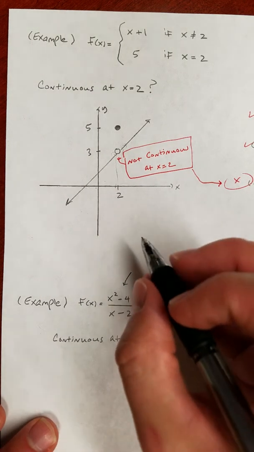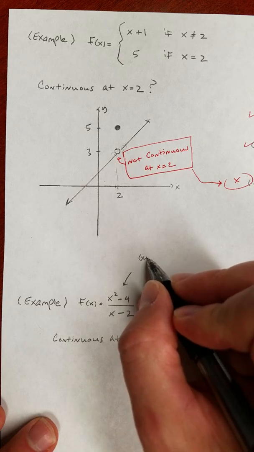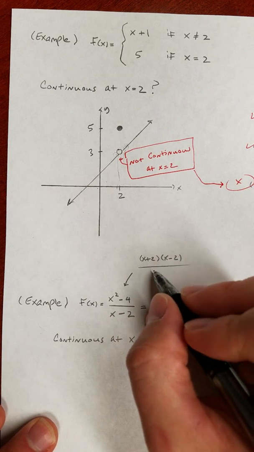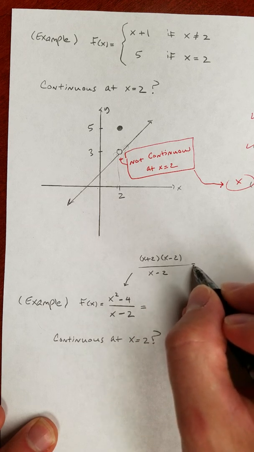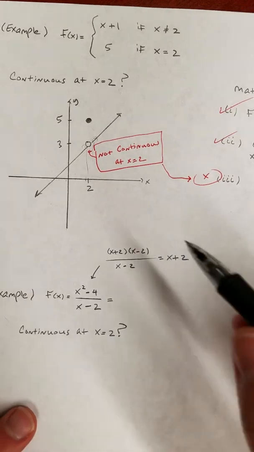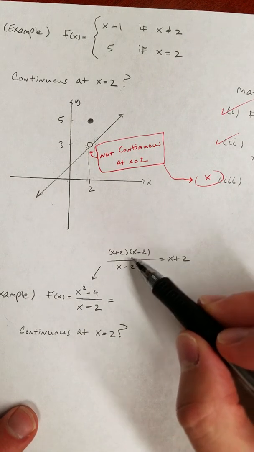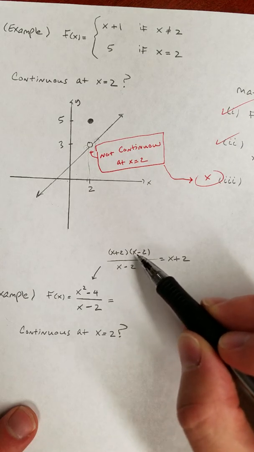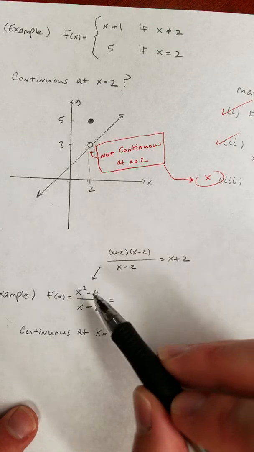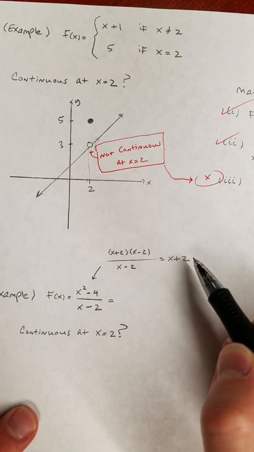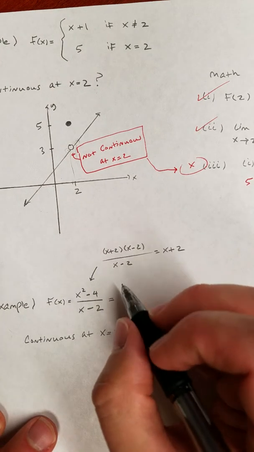I can reduce this way: x plus 2, x minus 2 over x minus 2. And we can cancel that and just say it's x plus 2. But we can only cancel this if it's not 0 over 0. And if x was 2, it would be 0 over 0. So I can say this is equal to that as long as I don't plug in 2, right?